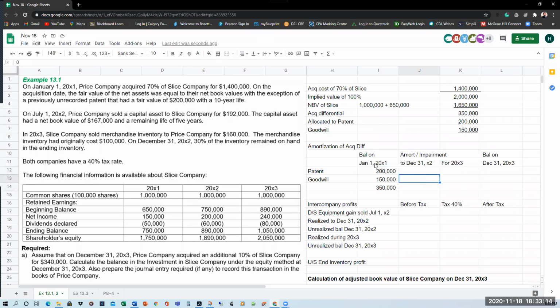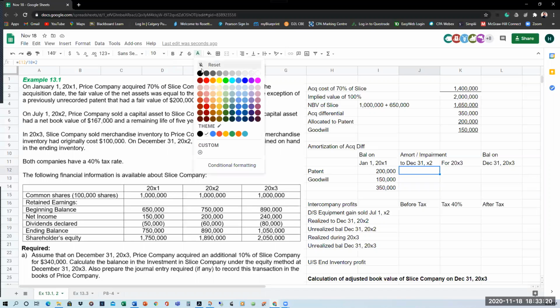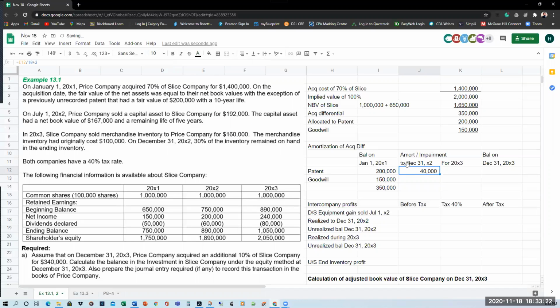From Jan 1st, 2001 to the end of 2002, we would have $40,000 worth of amortization. For the year 2003, we would have another 20,000, leaving us with an unamortized balance for the patent of 140,000. Goodwill was not impaired at all over the years, so goodwill will remain untouched.